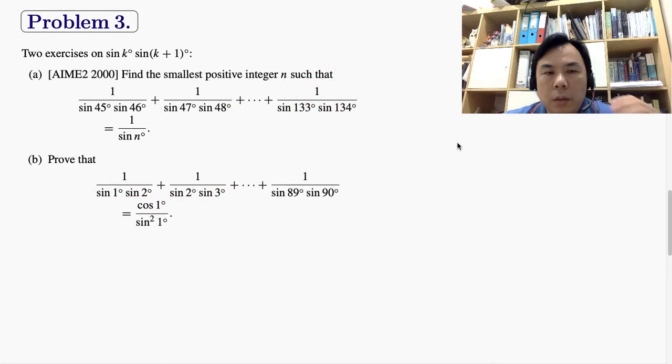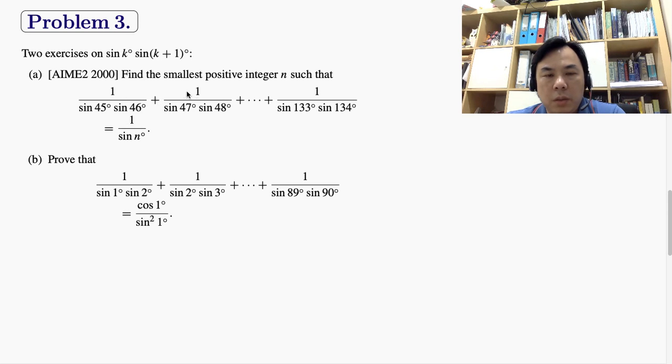Right, let's take a look at our third problem, our last problem for today. Now these two exercises are on the products of sine trigonometry that involve a degree measure. Now the first one, find the smallest possible integer n such that it satisfies this equation here.